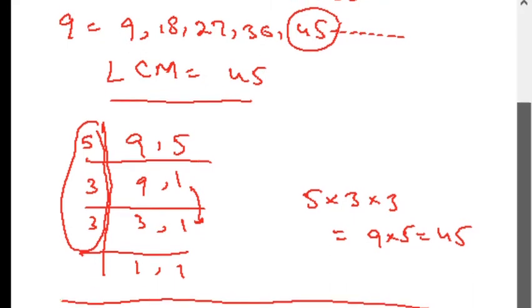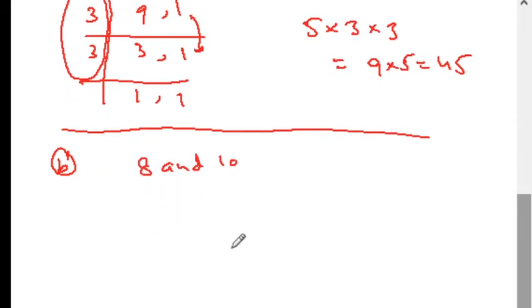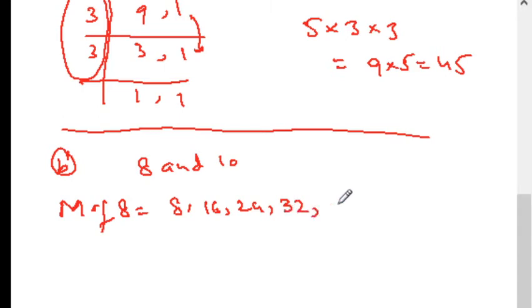Now come to question part B. Part B is 8 and 10. First I will do it with the multiple method. Multiples of 8: 8, 16, 24, 32, 40, 48, 56, and so on.